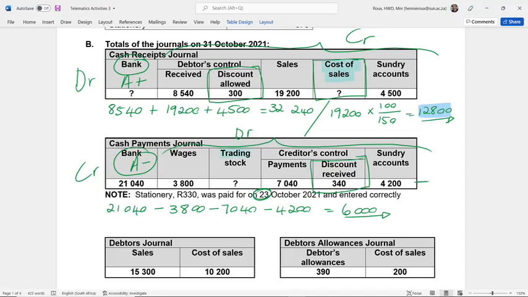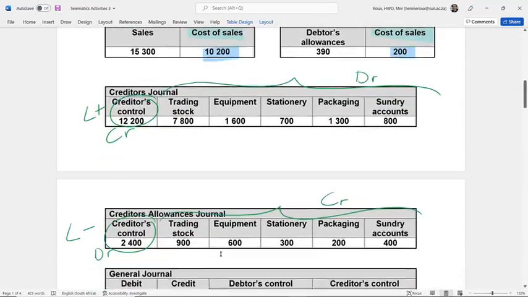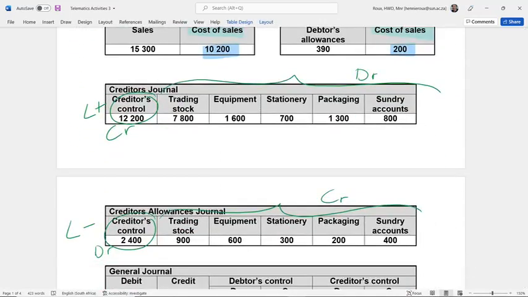CPJ, we're looking for trading stock. In the DJ, there is no trading stock, but there's cost of sales. The same with debtors allowance, cost of sales. In the CJ, we have trading stock column total.